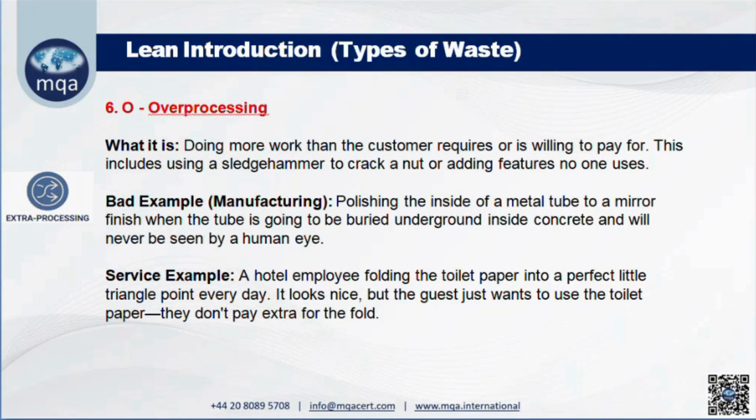They are not willing to pay for extra frills or cosmetics or look and feel factors which you have put on the product or service. So do what is adding value and what the customer is willing to pay for, not because you feel it is good and useful and will make it more attractive.